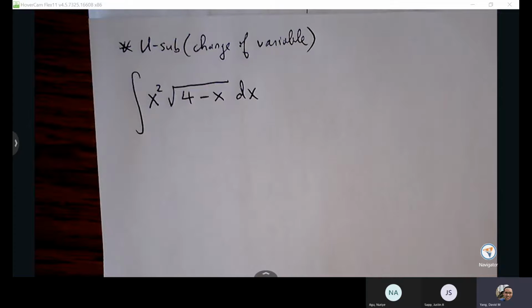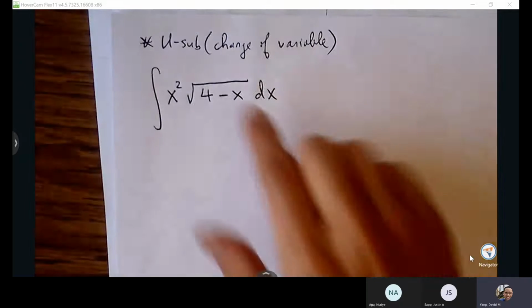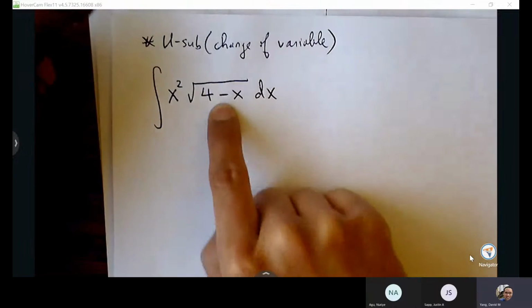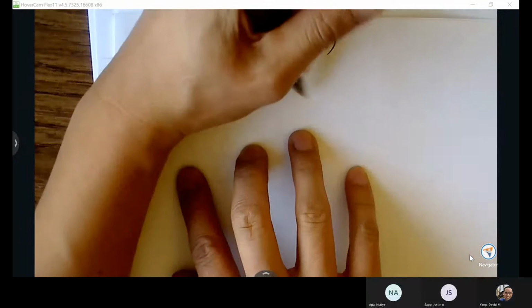We can't distribute the x squared through, or else we'll be breaking order of operation rules. So we know we have to involve U substitution. Let's get the parentheses to show up.